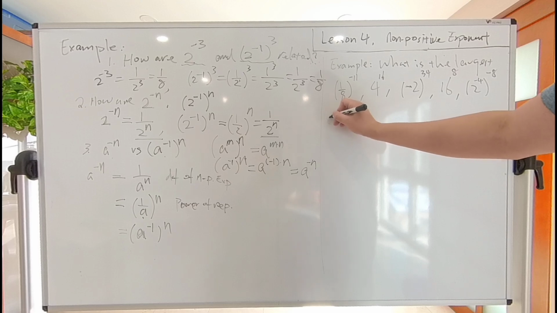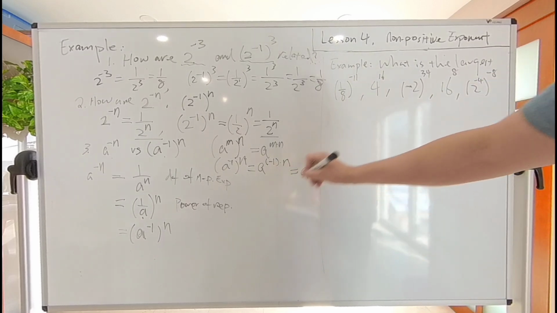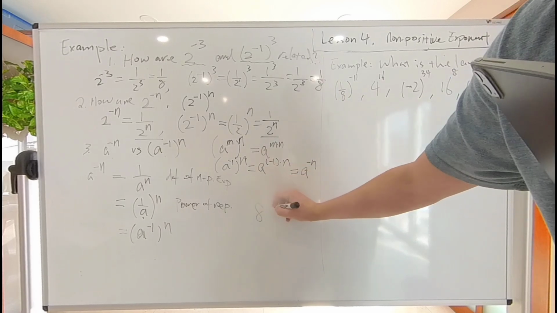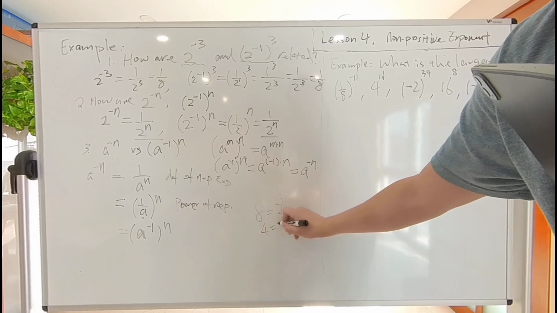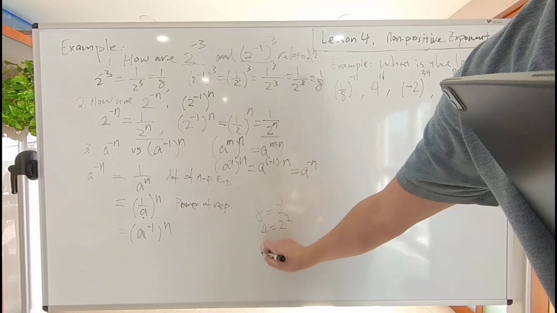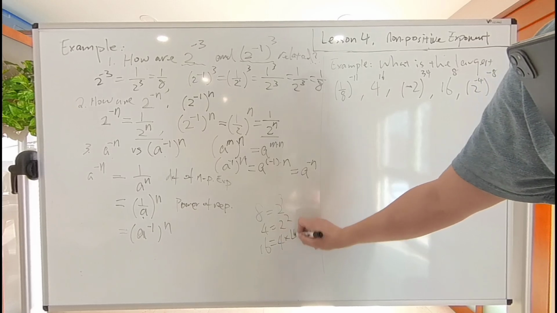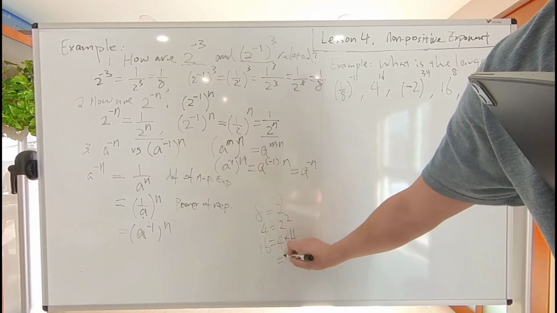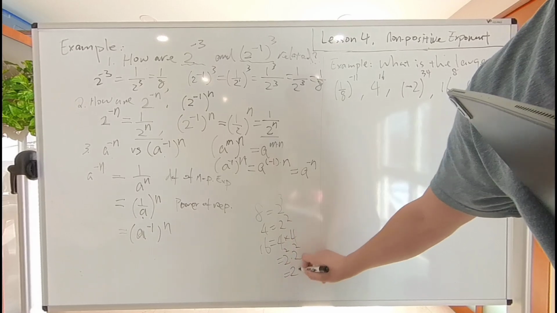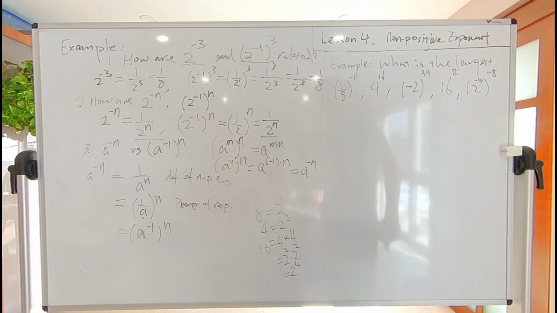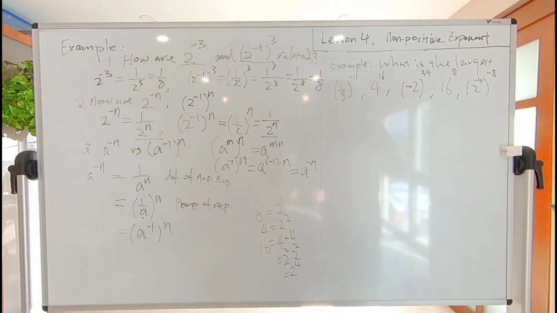For example, 8, I'm going to write it over here. 8 is 2 cubed, right? 4 is 2 squared. 16 can first be written as 4 times 4, and 4 is 2 squared, so 2 squared times 2 squared is 2 to the 4th power, right? So basically, every number can be written in the form of a power of 2.